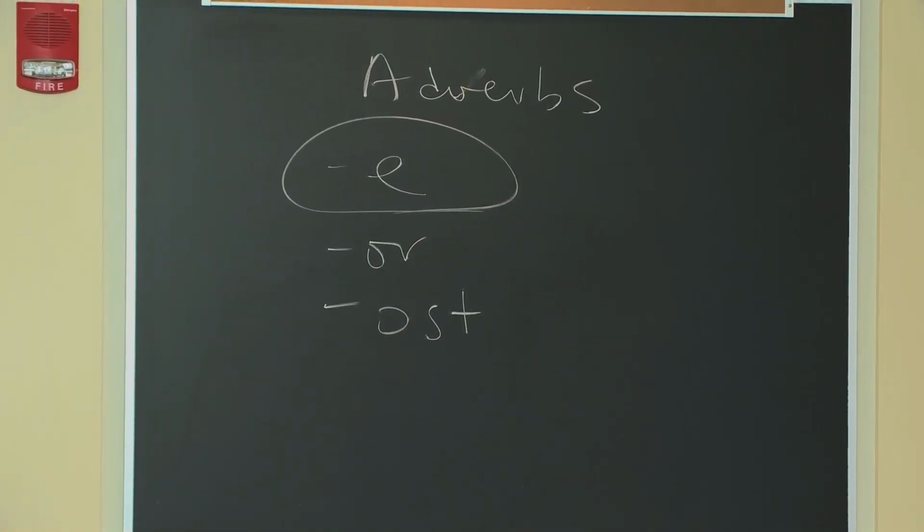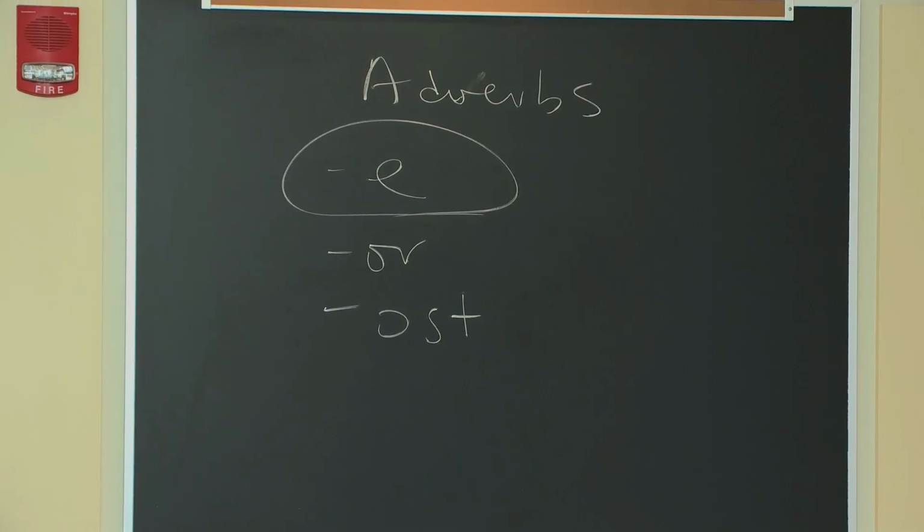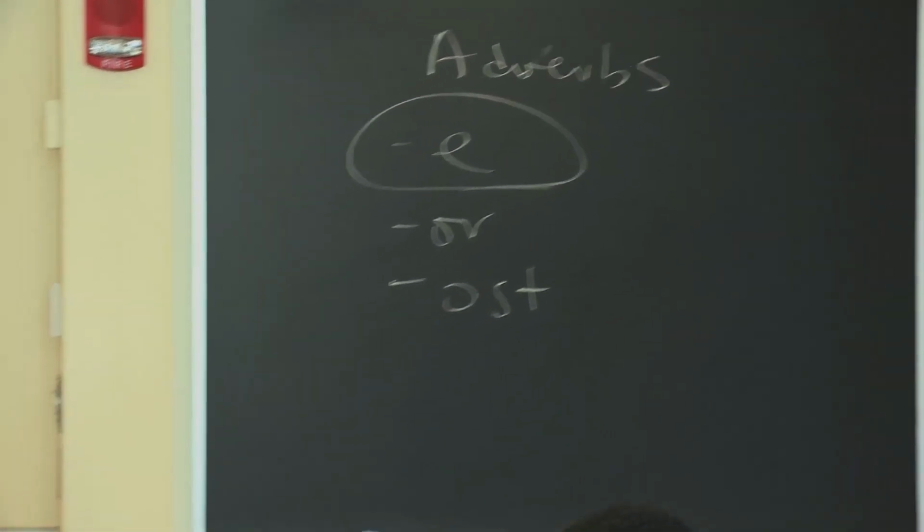Why is this challenging? Because it is yet another thing that the E ending can be. So you'll often need to use context in order to distinguish the adverbial E ending from an E ending that's a form of the adjective.